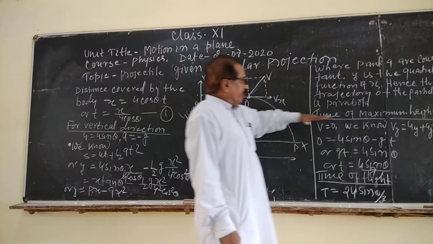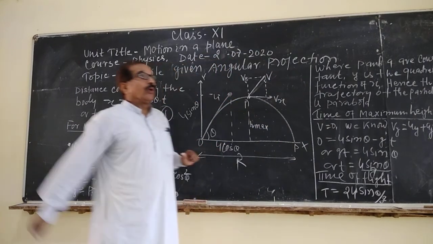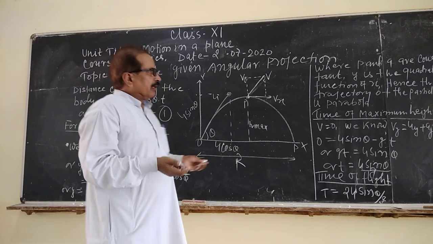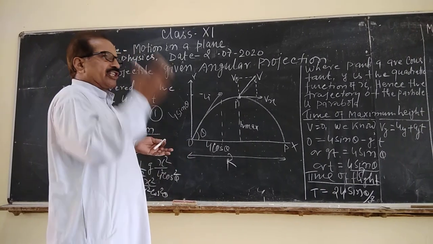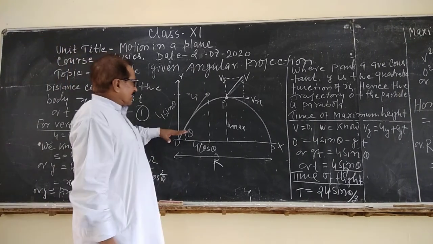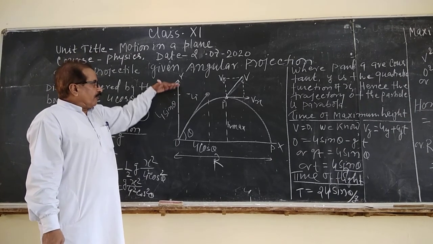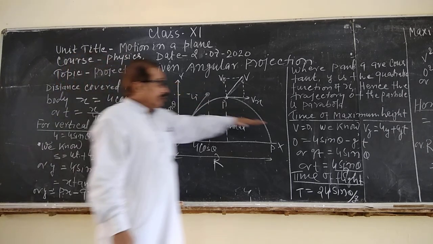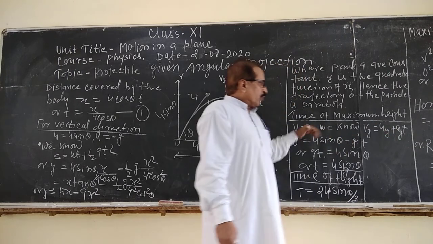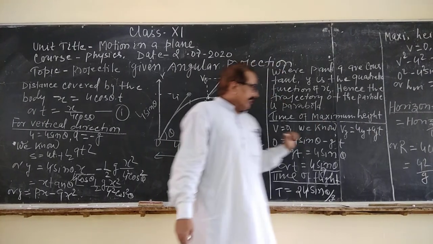So now we find the time of the maximum height. When a body is thrown in upward direction, what is the time of the maximum height? When we throw an object upward, the velocity of the object at the maximum height is equal to 0. We know the equation v is equal to u plus at. So in y direction, vy is equal to uy plus ay into t.